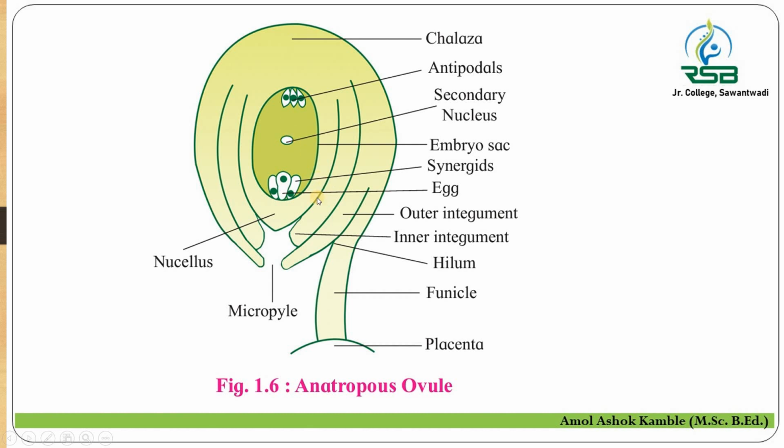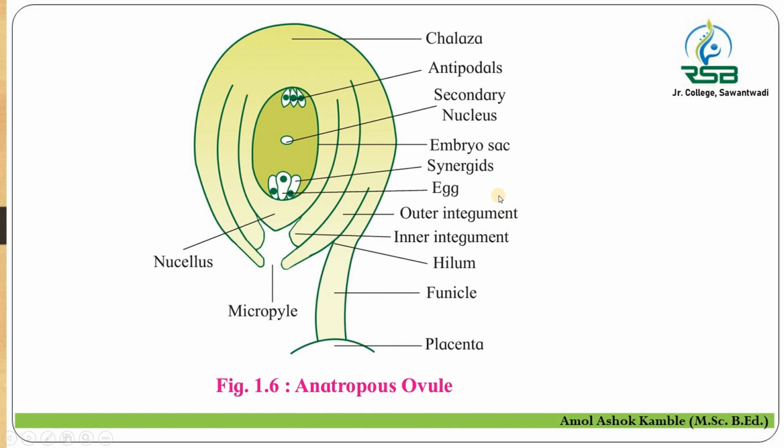Then come towards the next part, that is the integuments. Here there is the outer integument, here there is the inner integument. There are two integuments, therefore it is called bitegmic. Bi means two, bitegmic, and the presence of two integuments, the outer and inner integuments, is the general type of integuments in angiospermic plants.